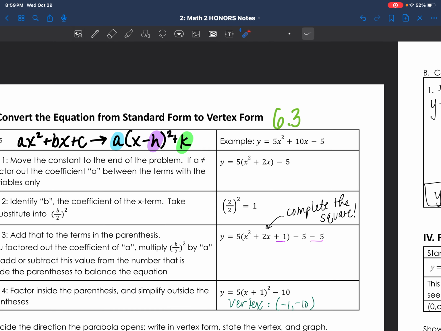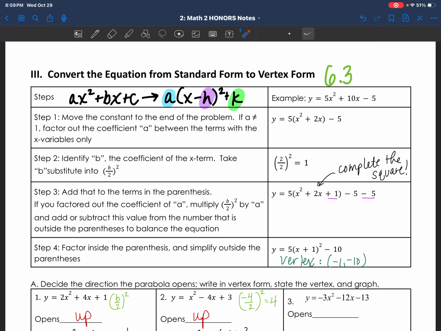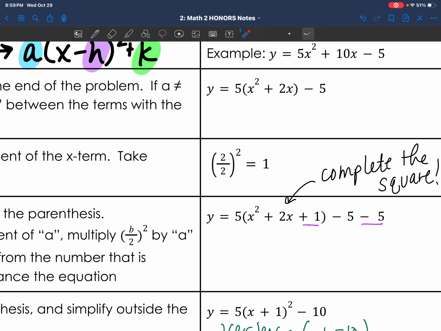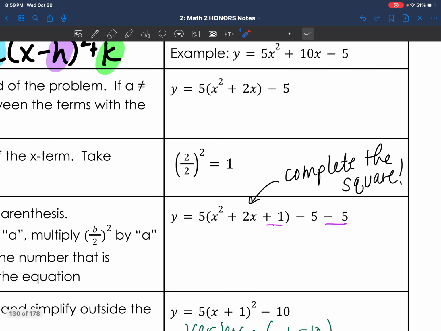Then we're going to complete the square. We're going to figure out what b is, and we're going to do (b divided by 2) squared. Since b is 2, we go 2 divided by 2 squared, which gives us 1. That's our completing the square part.